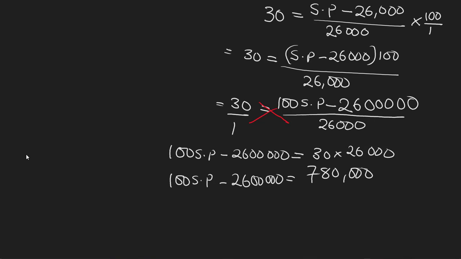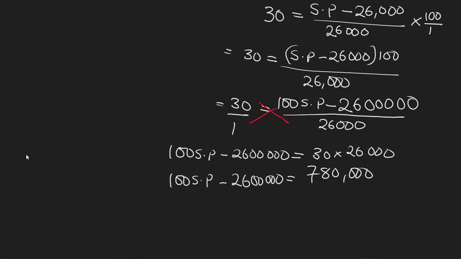So what I'm going to do, we're looking for SP, so this one that has the alphabet is going to be our unknown. So we're going to move this one without alphabet to the other side. And once we move it, remember it's negative, so it's going to change to positive.